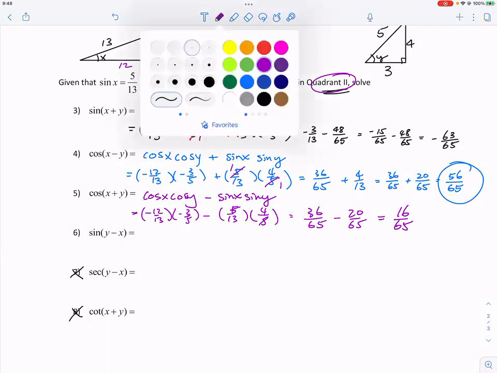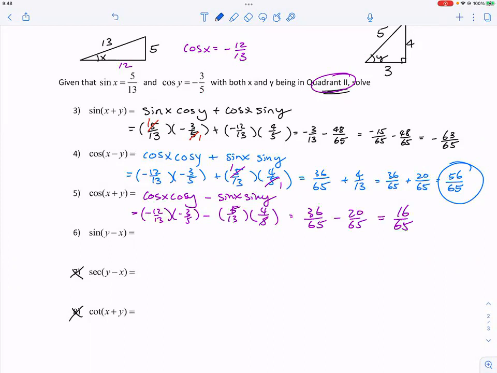And for number 6, it's like the very top one, except that it's now sine y minus x. So sine y cosine x minus cosine y sine x.